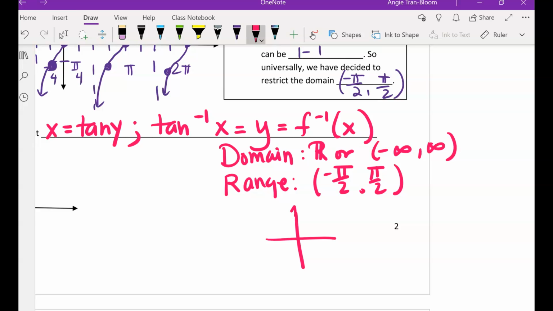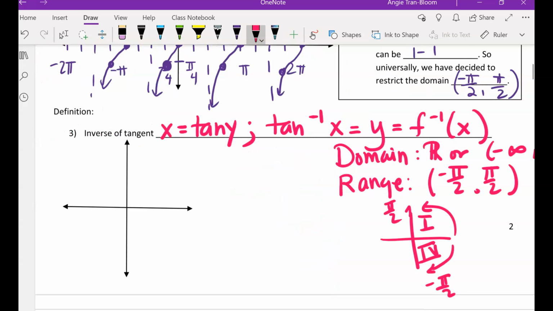Negative pi over 2 is this way. What quadrant is that? 4. And then positive pi over 2 is that way, so that's going to be quad 1. Okay, so 1 and 4. That's similar to which inverse function? Sine. So sine and tangent are similar in terms of their quadrants.